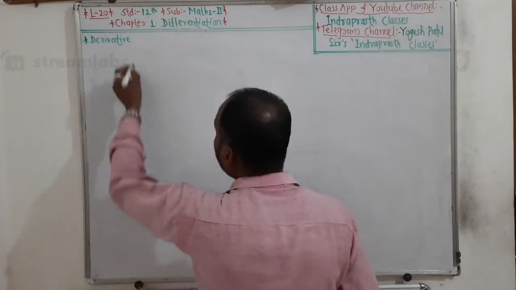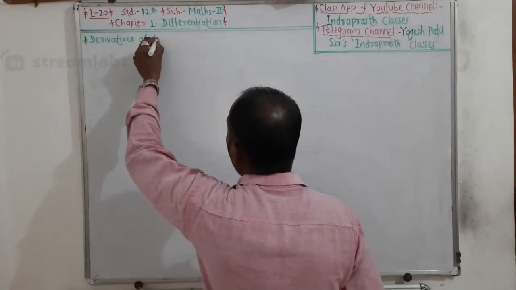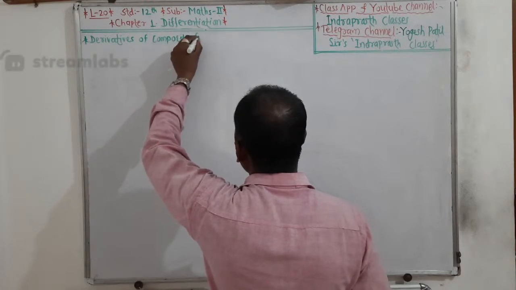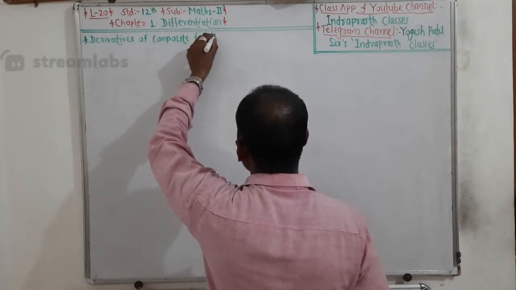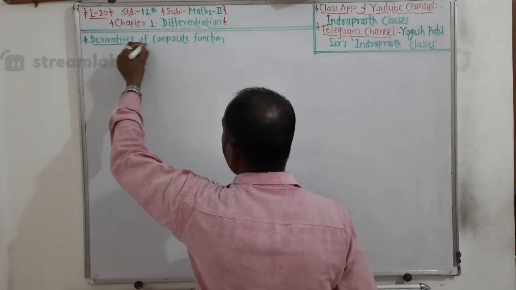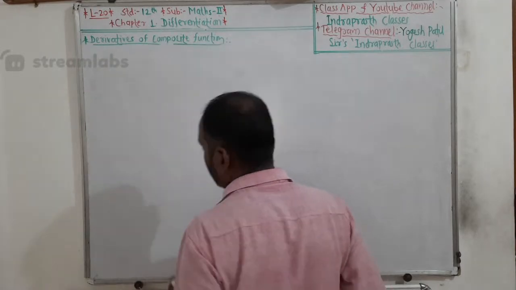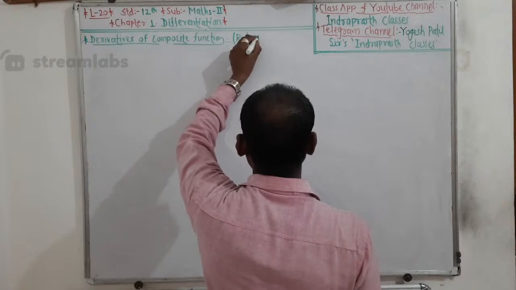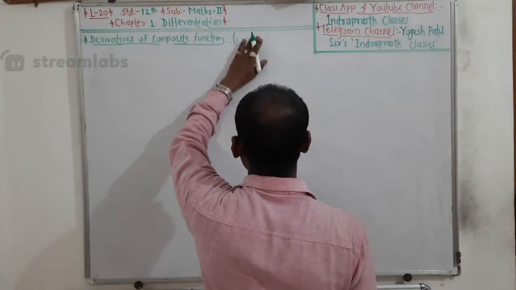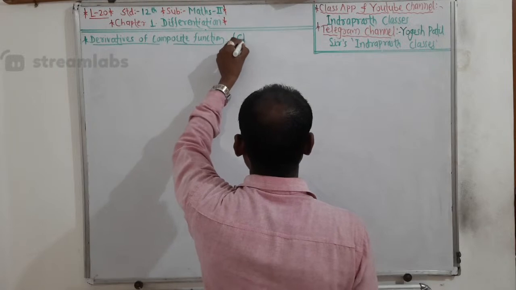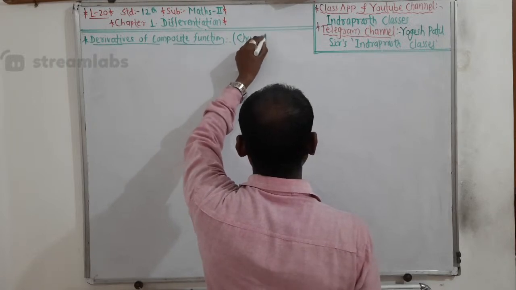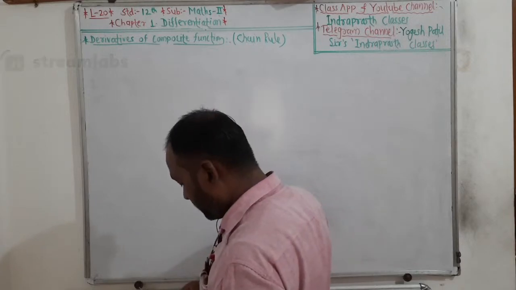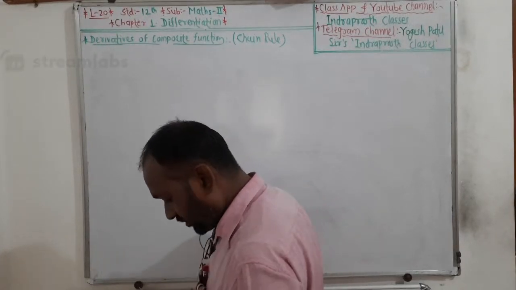It can be said to be the chain rule. So the derivative of a composite function is nothing but the chain rule.